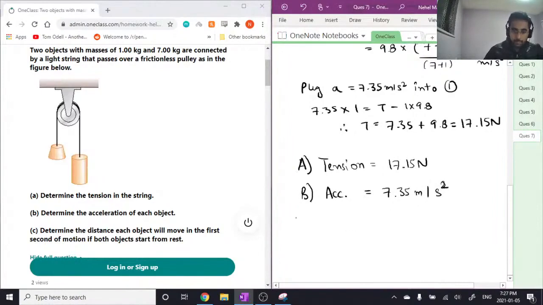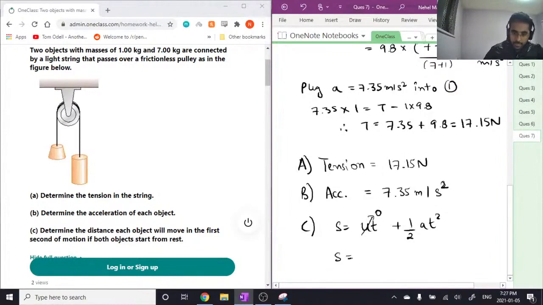Part C, determine the distance each object would move in the first second. So for time t equals 1, how much would it move? We can use the equation of motion: S equals ut plus half at squared. Since the initial velocity is 0, this term goes away.